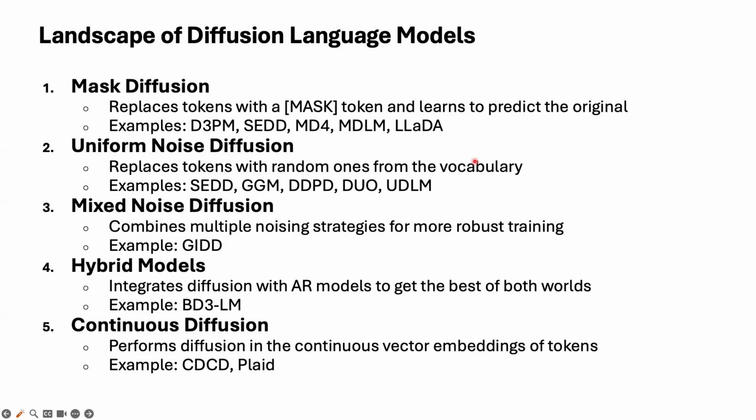Why do you think uniform noise diffusion, which looks closer to continuous diffusion if I change things continuously, doesn't work as well? I'm not sure if everyone heard his question. He was asking why doesn't uniform look sort of like continuous? Why is mask preferred? Because both uniform and mask have a huge disadvantage, which is when you flip, there is no notion of locality in English.